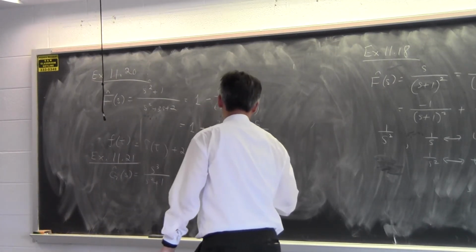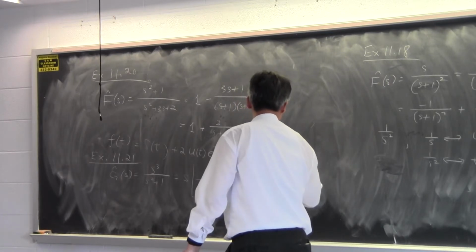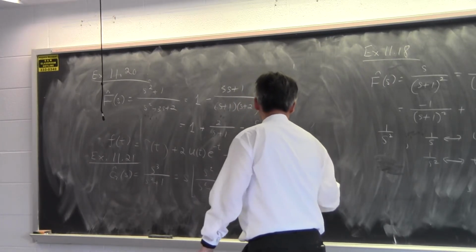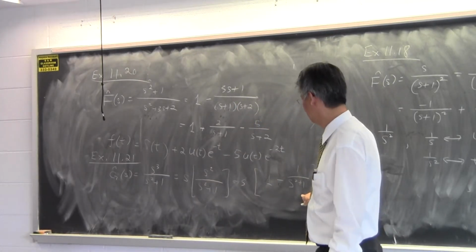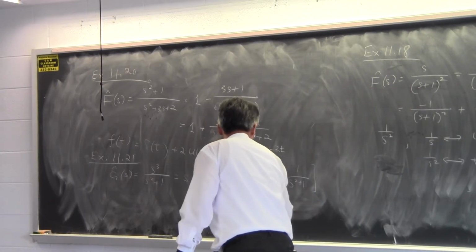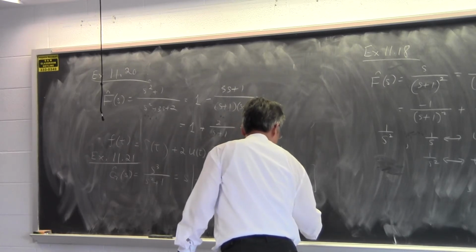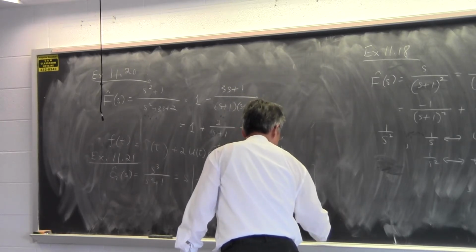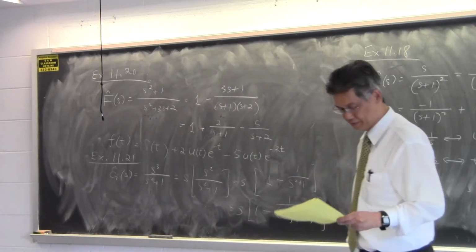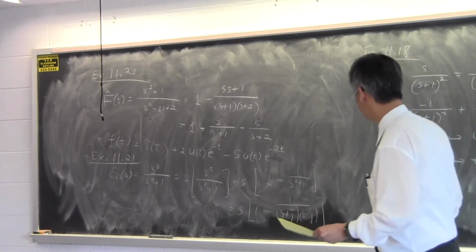And that one is equal to 1, okay, minus 1 over s squared plus 1. And then you can factorize the denominator. And then 1 over (s plus j)(s minus j). And then you can partial fraction that one. Okay, you can partial fraction that one.